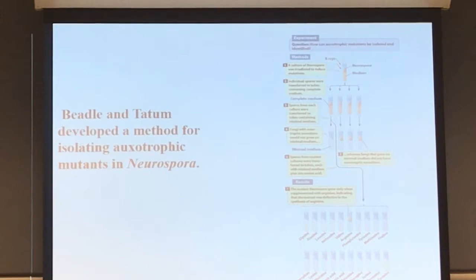Once you add arginine, it grows back. So this was one way for them to know if a given species has a certain gene for the synthesis of a certain amino acid or not.